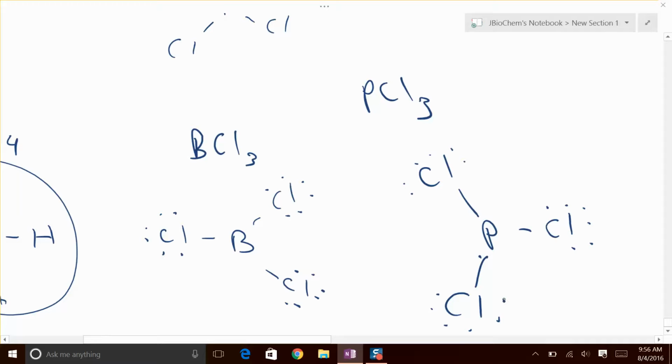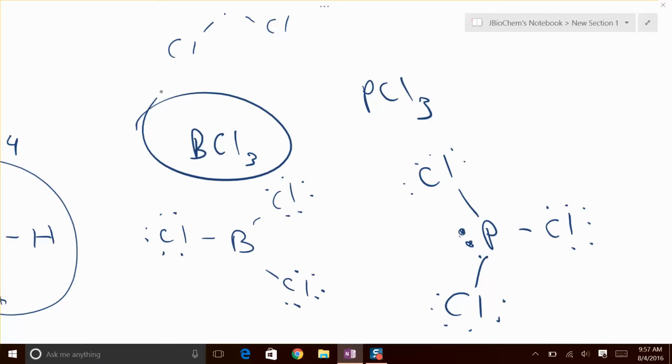Okay, phosphorus 2, 4, 6 on the central, but it still needs that lone pair. So it can have 8 because it does have enough electrons to satisfy its octet. So that's why boron is that exception. It's an exception to the rule of 8. So this guy would be nonpolar, whereas this guy would be polar.